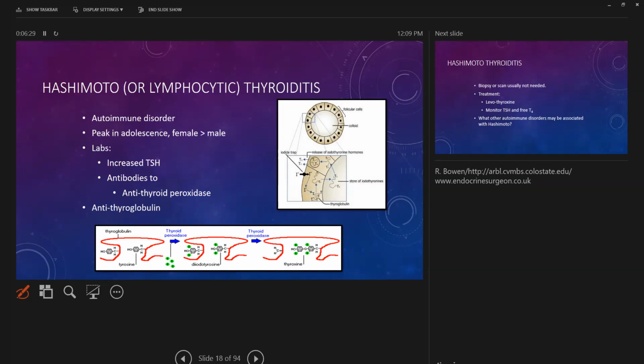So what I'm trying to get at is, initially you may see a peak in these levels and then a sharp decrease.